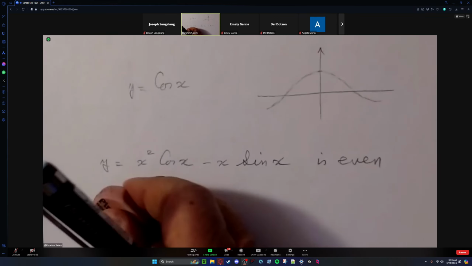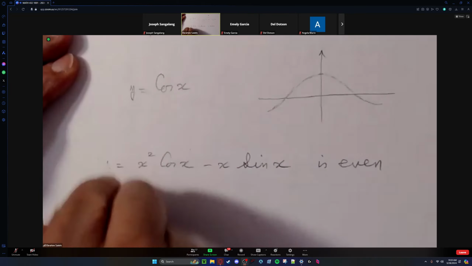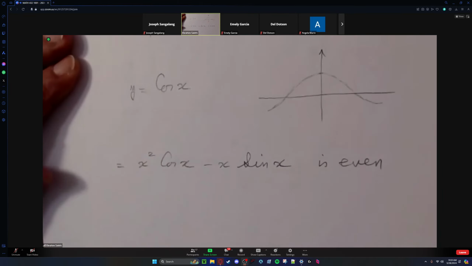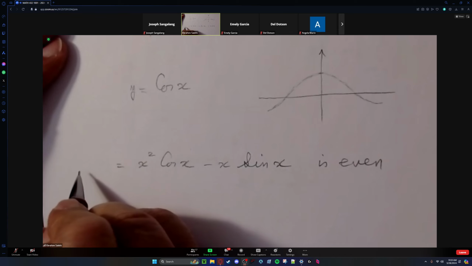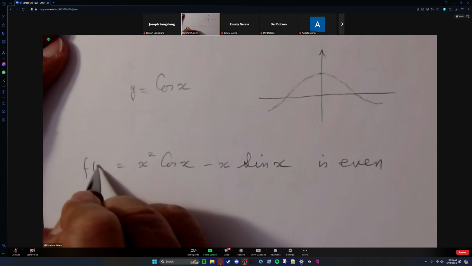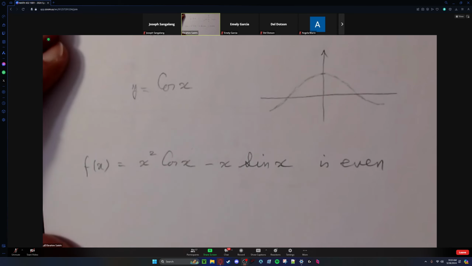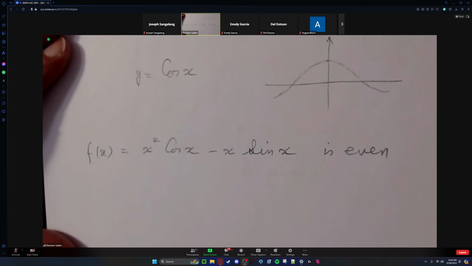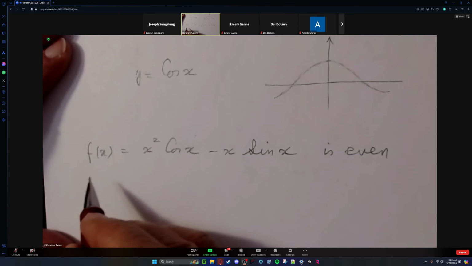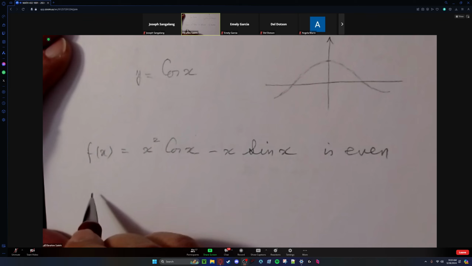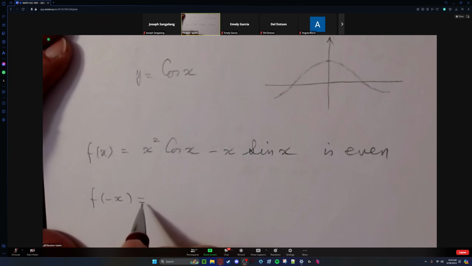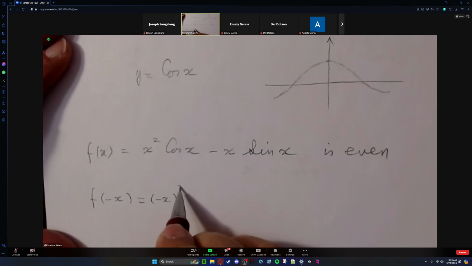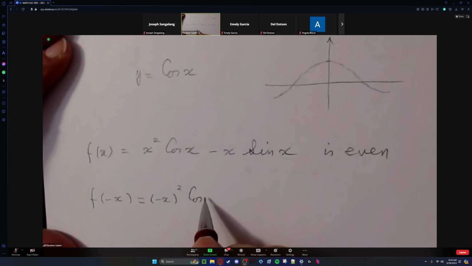Well, instead of y, let me put functional notation. If you replace x by negative x, f of negative x is negative x squared cosine of negative x.